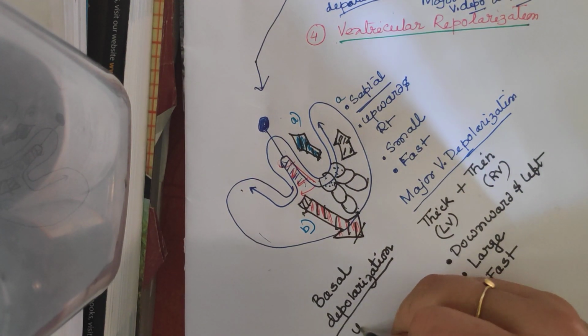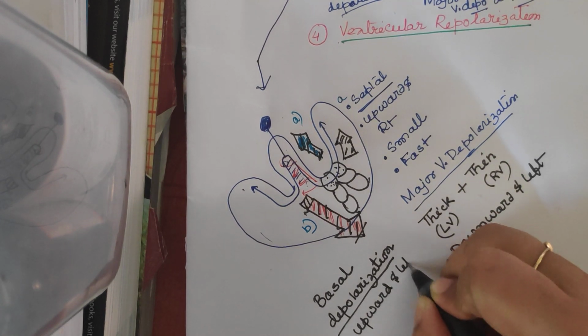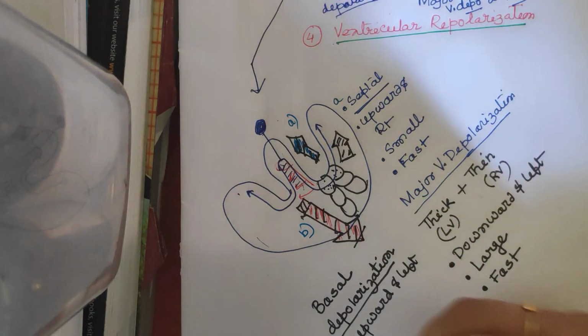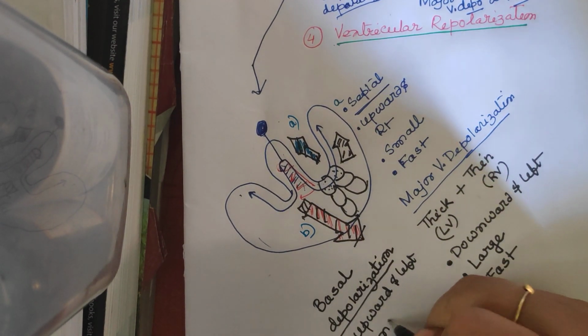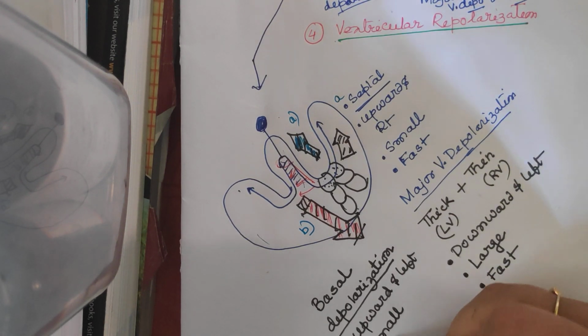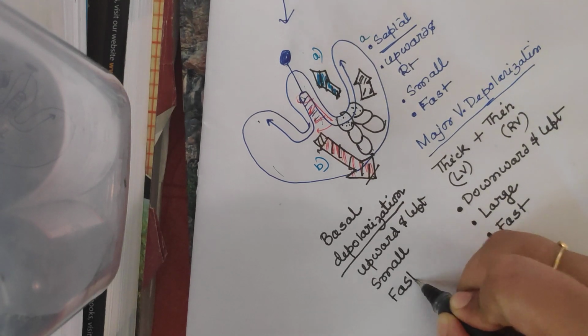In the basal part, as the amount of tissue is less, it will be a small vector, and the velocity or speed will be fast.